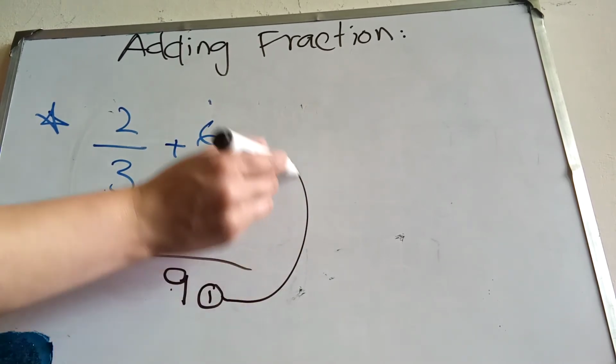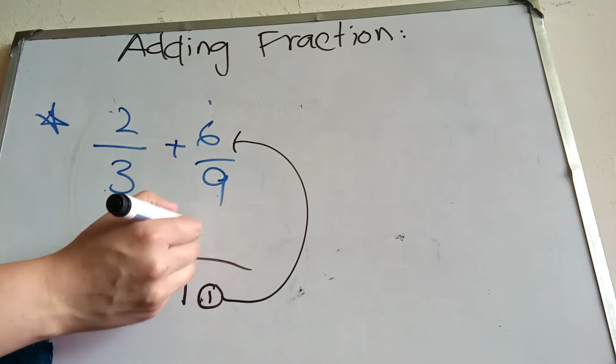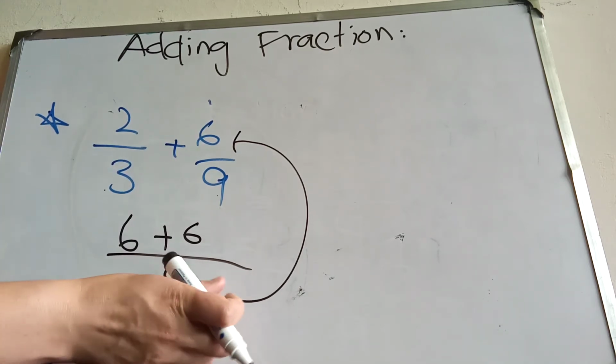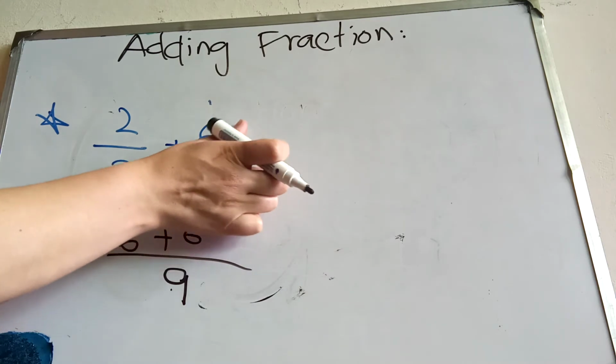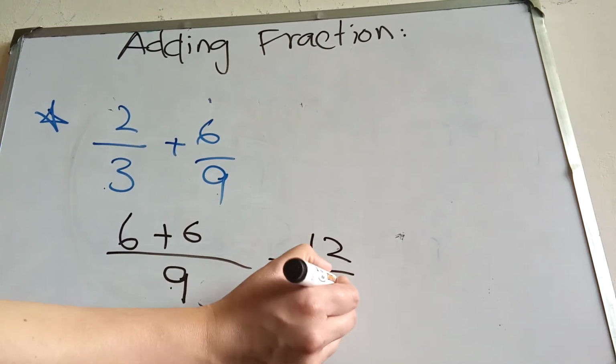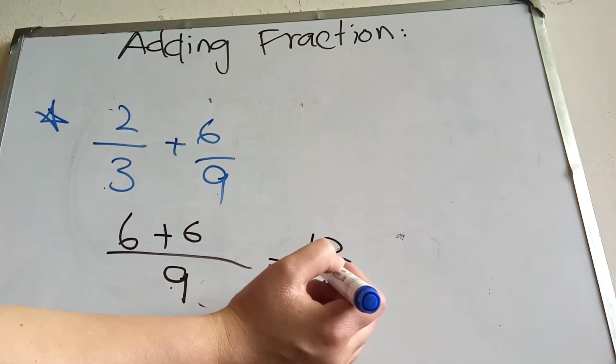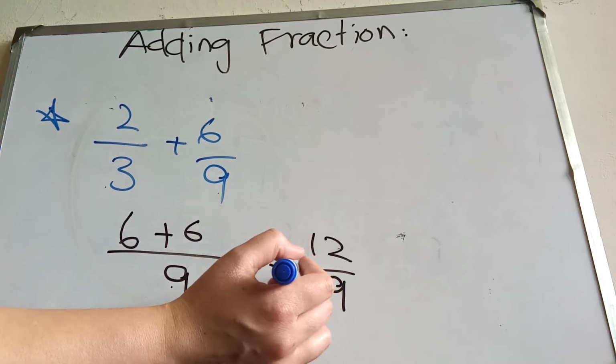So multiply this number with 6. 1 times 6 is 6. So here we get 6 plus 6 is 12 over 9. If these both can be cancelled by each other, then do it.